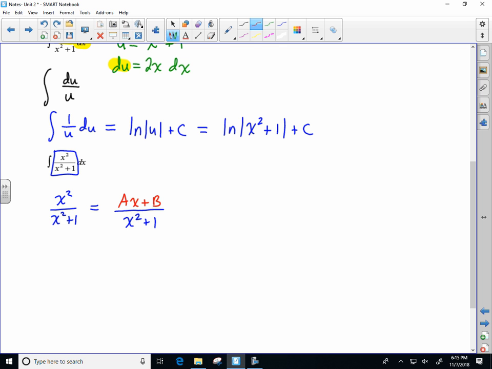So right off the bat here, you're in a pickle, because it looks like it's not going to play out, but we can try.